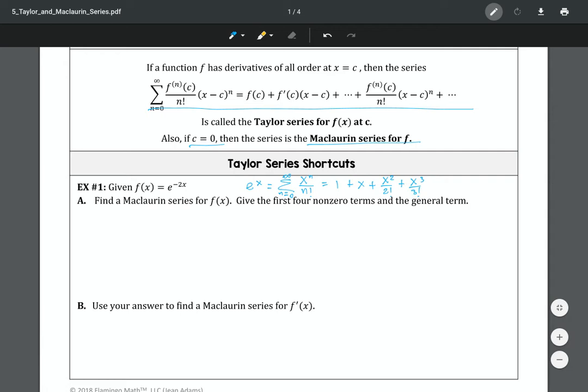Now, the reason that's important is because now when we're trying to use a Maclaurin series for this, here's my Maclaurin series for e to the x.